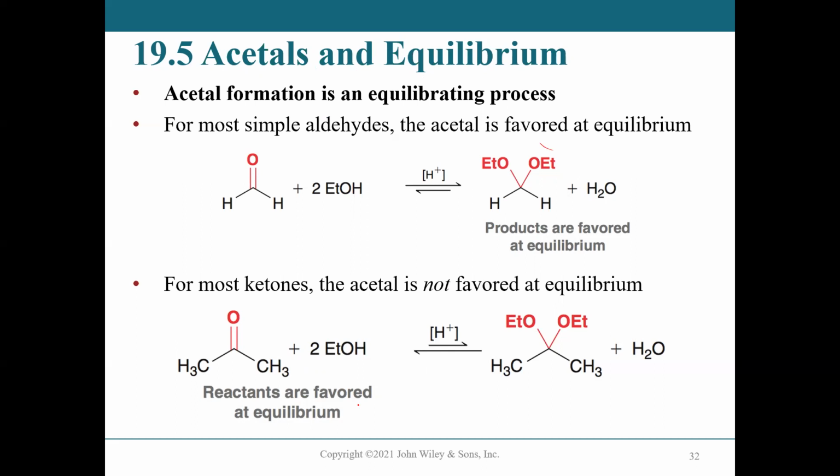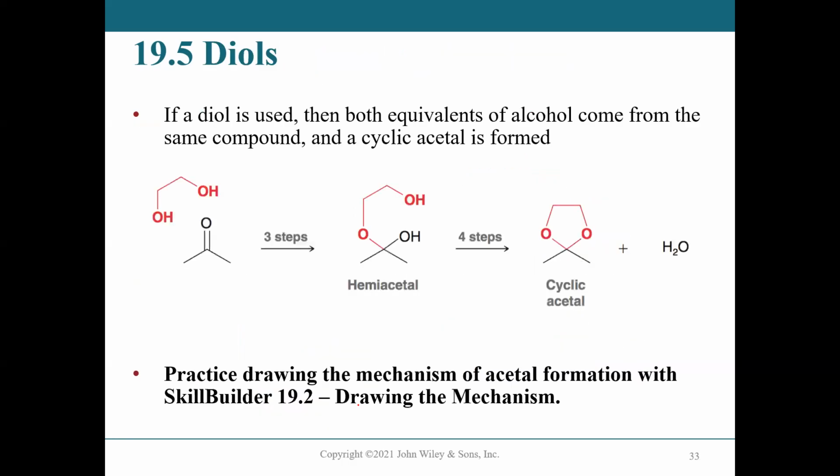So forming all this is a 7-step process. If a diol is used, and both equivalents of the alcohol come from the same compound, so here's our diol. There's 3 steps and then 4 steps. So this is 7 steps.